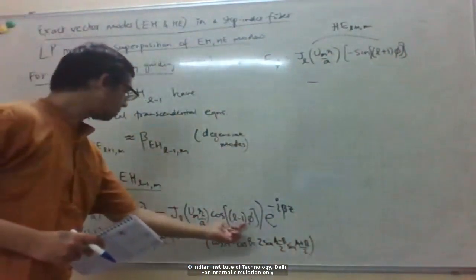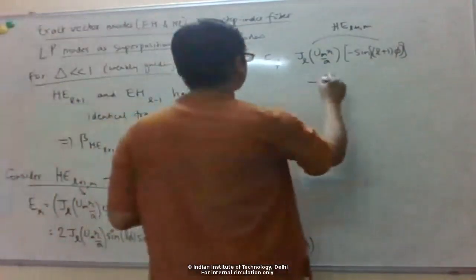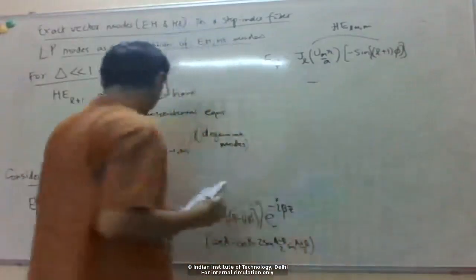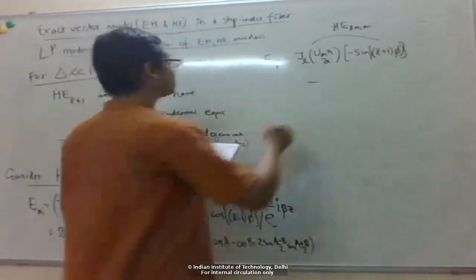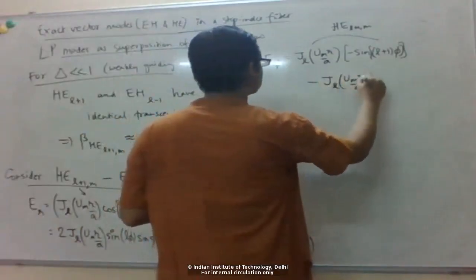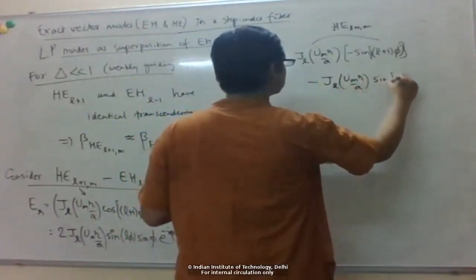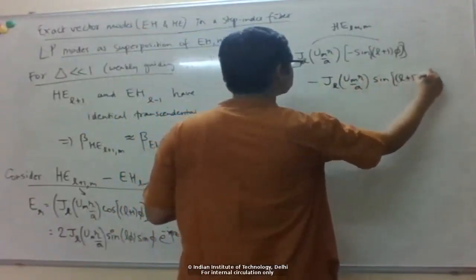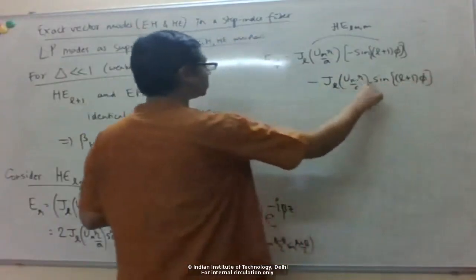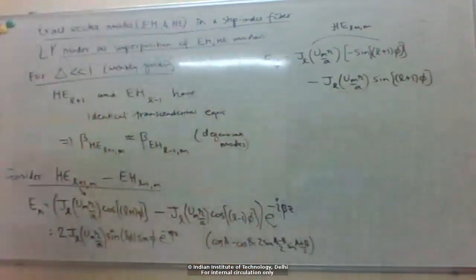Again, if we take the cosine for EH, we have a sine for the E phi. But in this case, the sine is positive.